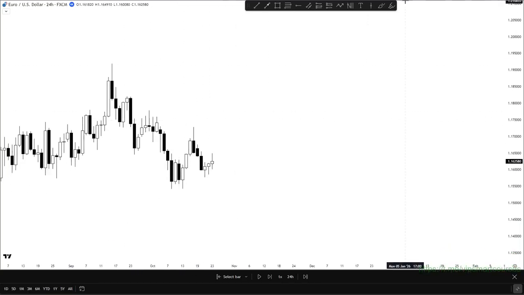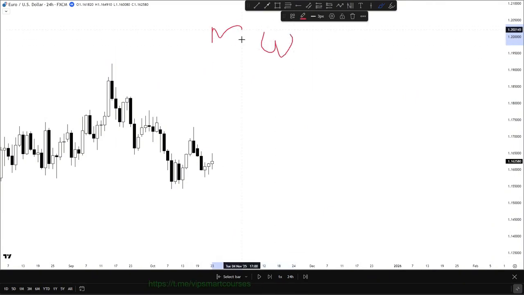Now remember, within the access system we are meant to use all of the higher time frames for determining a directional bias, like the monthly, the weekly, and the daily time frame.